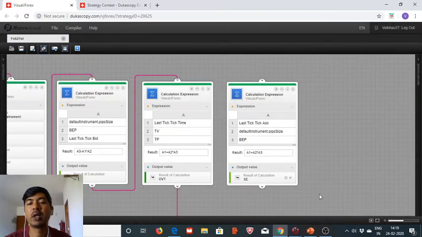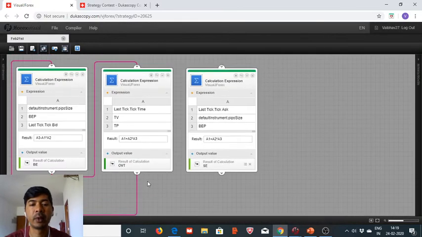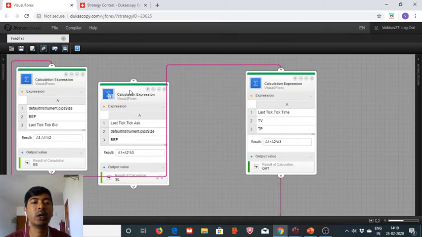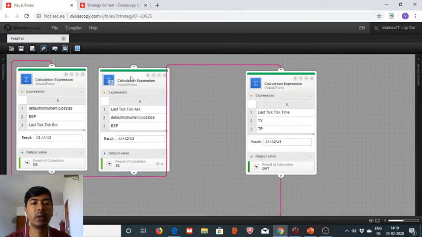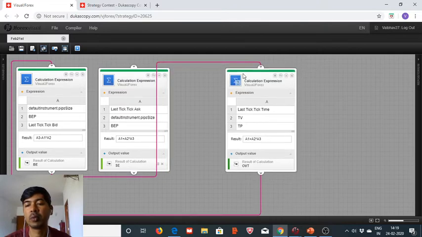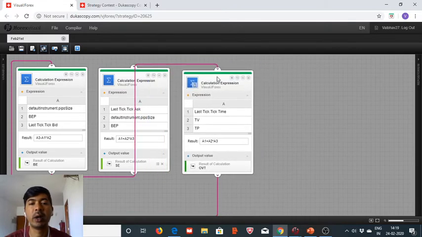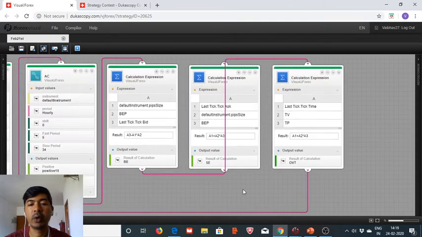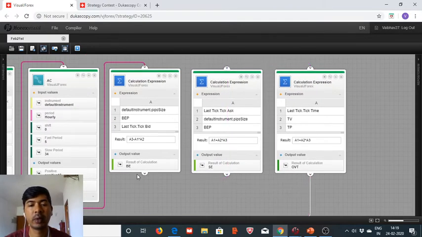Now we got the variable SE, and I will take it closer to the BE, so it's easier to understand that both these variables are simply there for determining the entry and exit points, and we will join in the flow.